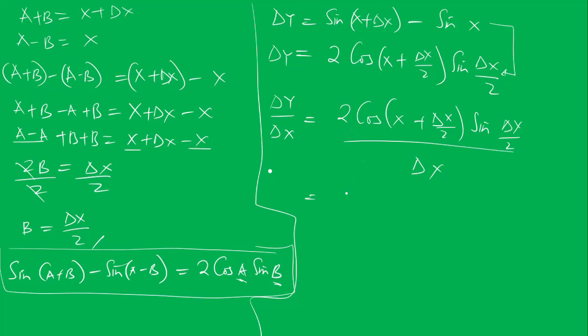Now we have this to be 2 all over change in x cos x plus dx all over 2 sine dx all over 2. That's delta x all over 2, or dx delta x.